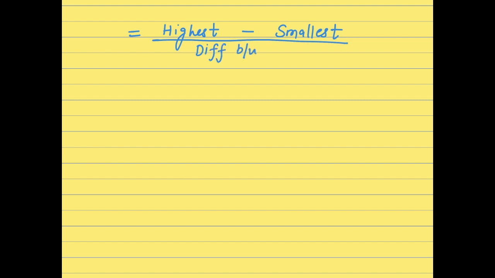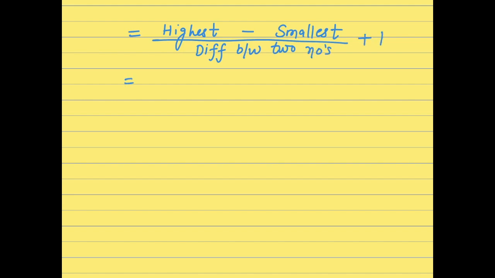So what's the formula to get the number of terms? The formula to get how many numbers are there in the sequence is the highest number minus the smallest number, then divided by the difference between the two numbers, and then add 1.